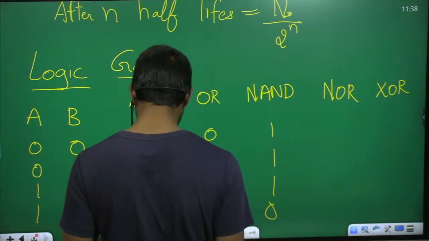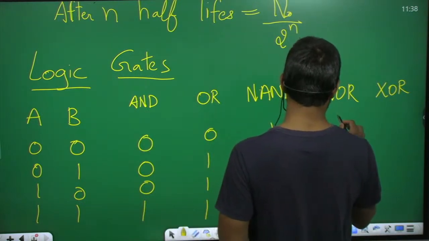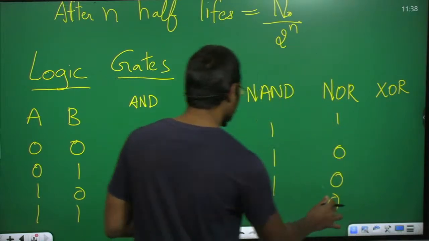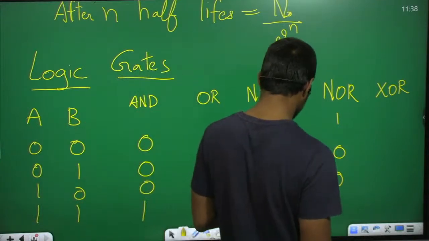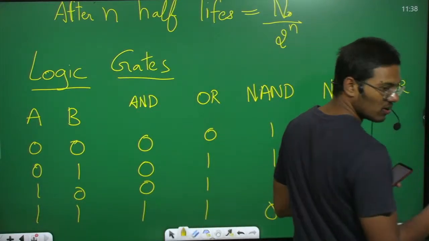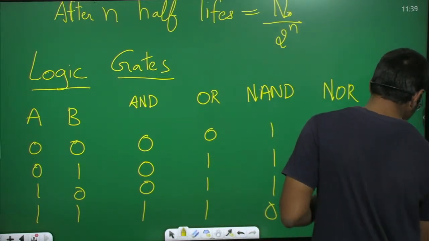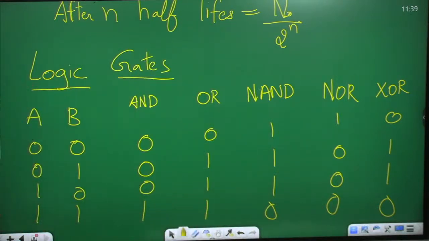Okay, what is this, NOR? Which is opposite of OR. What is XOR? So if any mistakes, check whether you are getting them right. Yeah, definitely you can expect questions from logic gates.